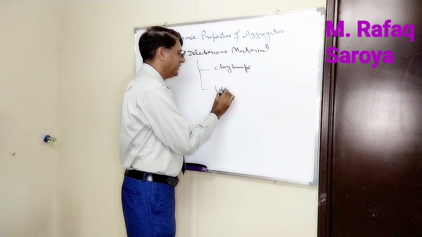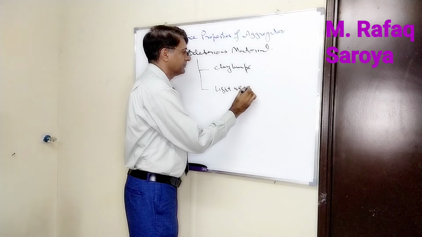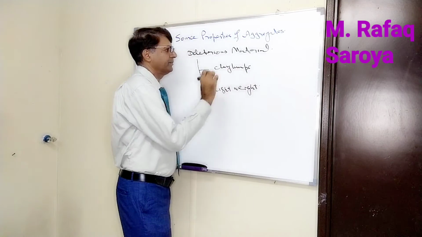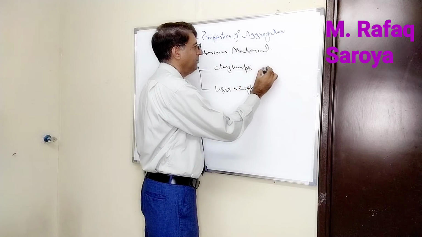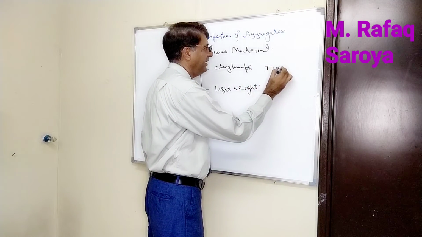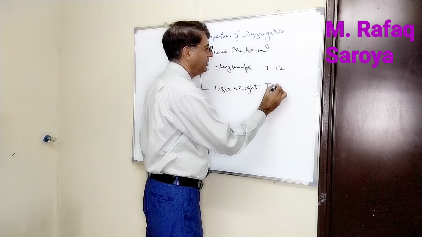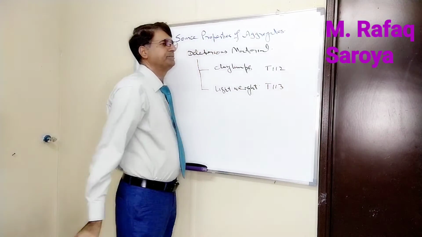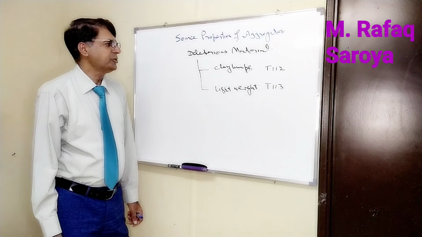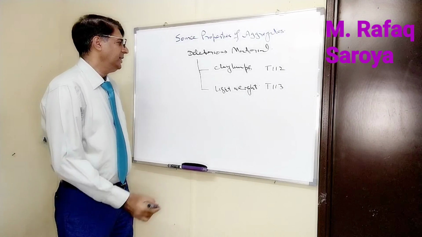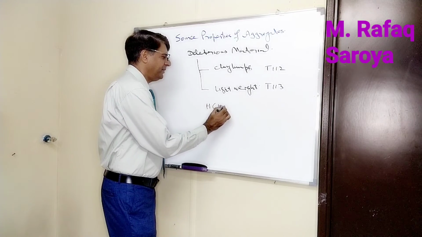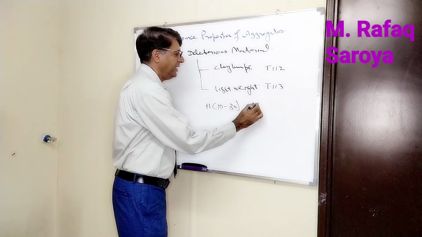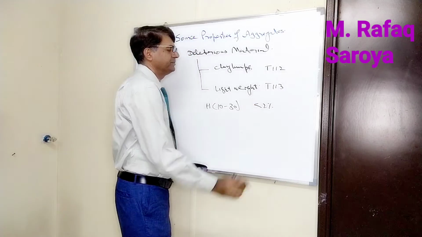Second group is lightweight. This clay lumps is found out by AASHTO T112. It is AASHTO T113. Its value also depends upon the traffic level, and for my traffic level H, which is within the range of 100 to 30, its value should be less than 2%.